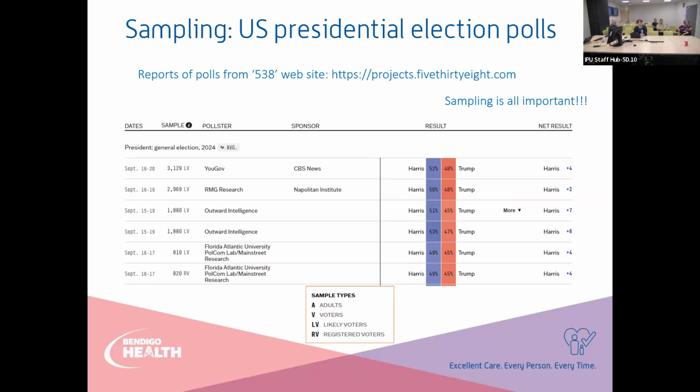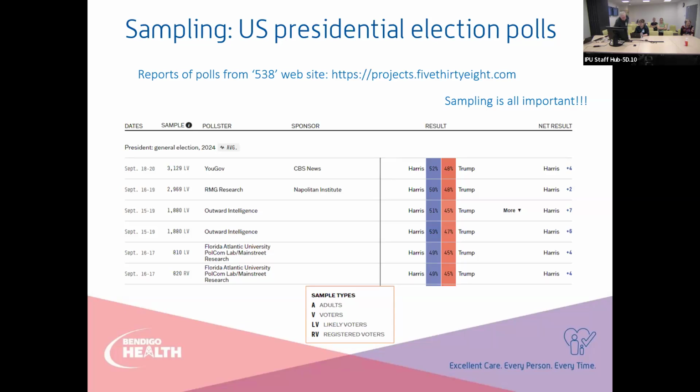Just before you move on, it's really hard to see, but over on the left-hand side there's a column called sample size. So the top one is a sample size of about 3,000 something.